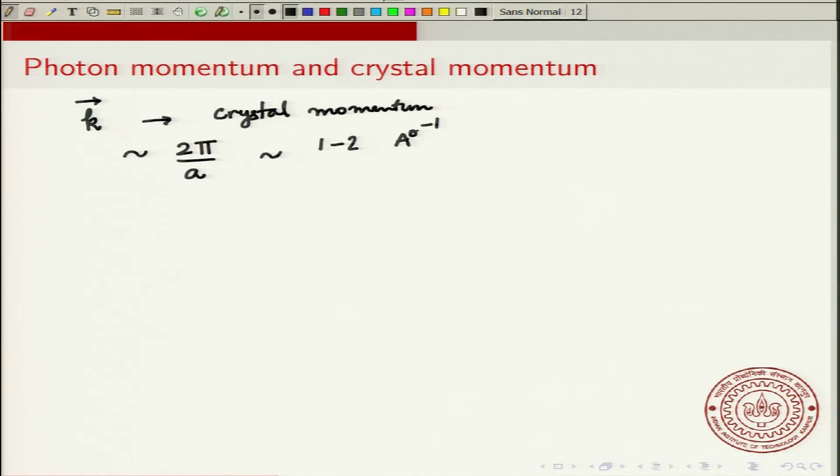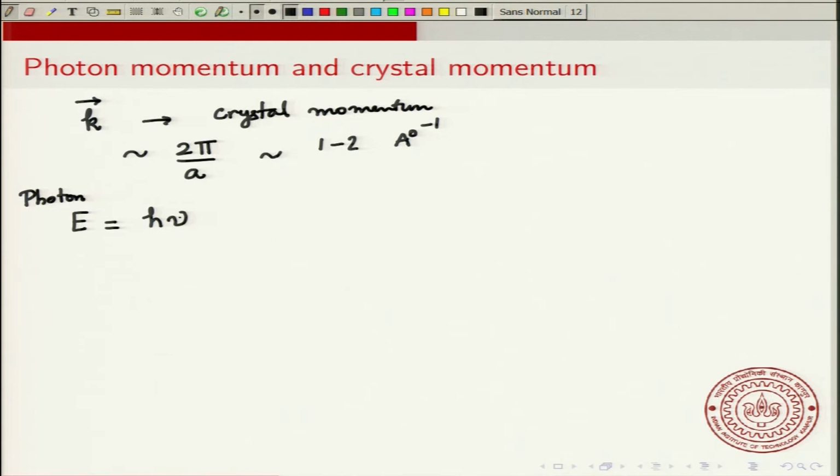So what that means is that now if there is a photon, the energy of the photon is given by Planck's constant times the frequency of the photon.